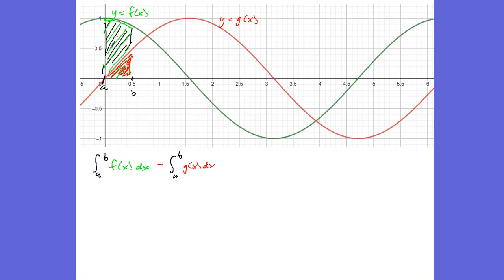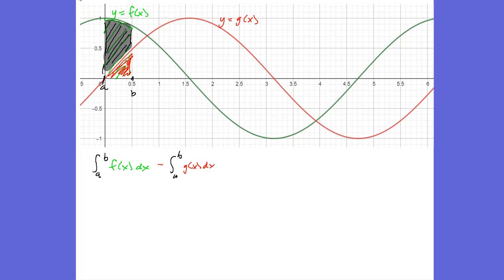Can you see how if we take this full area of green and this little area of red and subtract them, we get this area in black right here, which is simply the area between the curves.